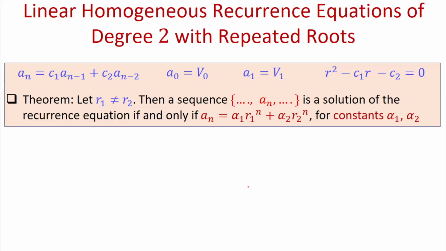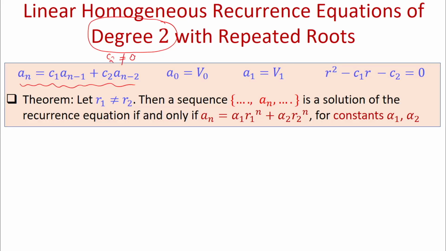That's the idea, right? Now, in this lecture, we will discuss the case when the characteristic roots are repeated. And again, for simplifying the discussion, we start with the case when the degree is 2. That means the general form of the recurrence equation is this, where C2 will not be 0.